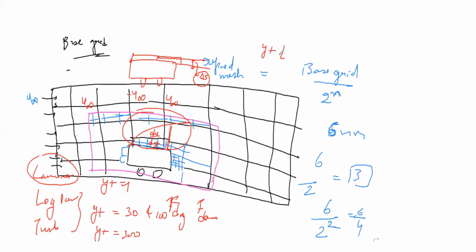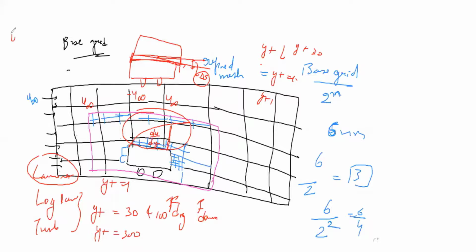If your y plus is very low, it will end up having a lot of cells, because the size of delta S will keep on decreasing. If your y plus is 30, then the first cell height will be this much. But if your y plus is, let's say, 10, your box size might be this much. And if your y plus is 1, the first cell will be very thin.